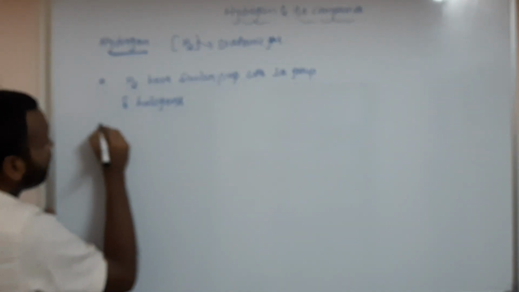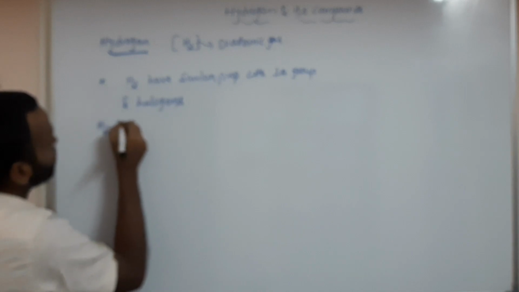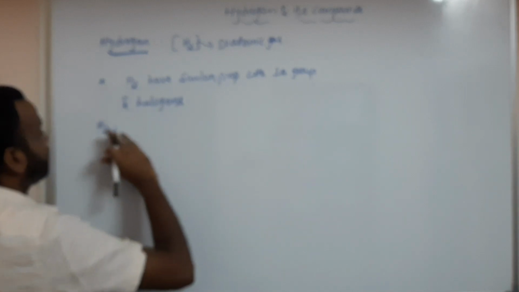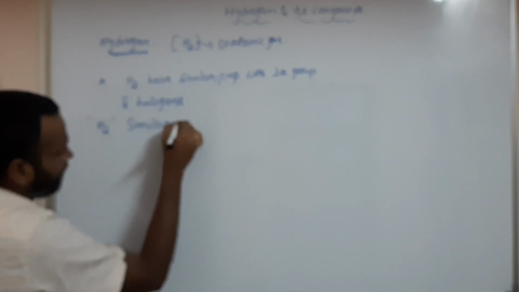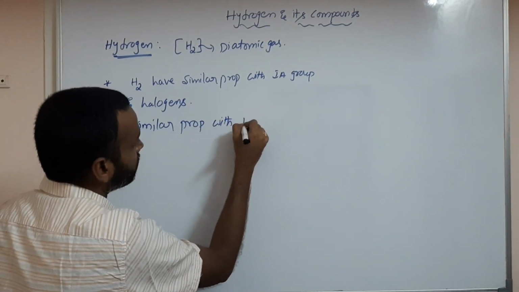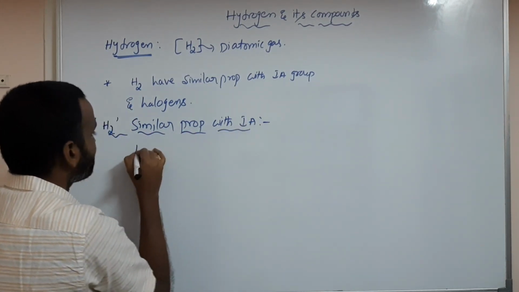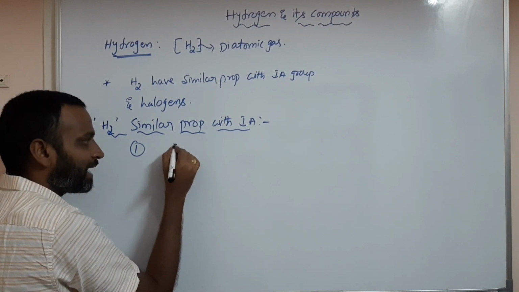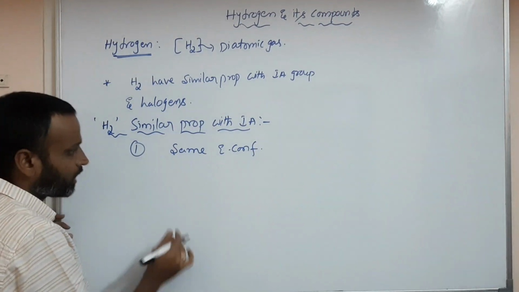So hydrogen has similar properties with the 1A group and halogens, I said. So what are the similar properties? H2 has similar properties with the 1A group, the alkali metals. First, the same outermost or valence shell electronic configuration.